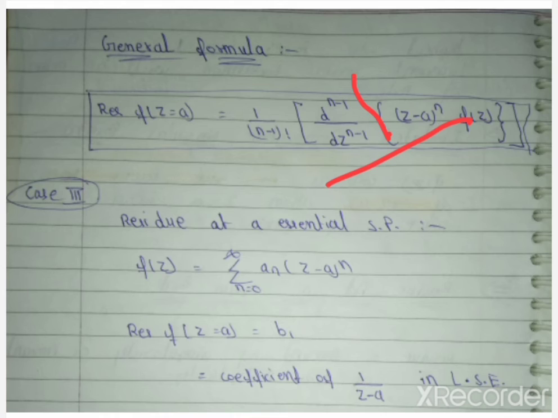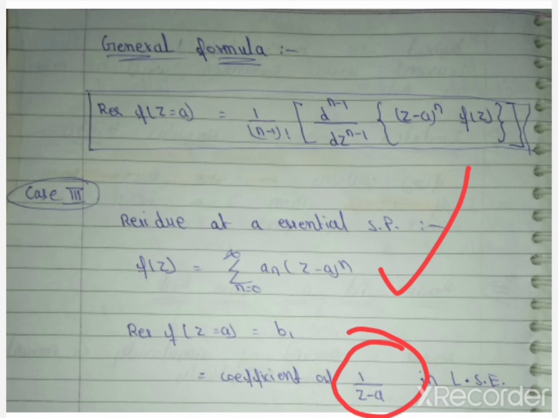So we will use the third case. f of z is equal to the summation, n tending from 0 to infinity, of a n (z minus a) to the power n. So the coefficient of 1 upon (z minus a) is our residue.